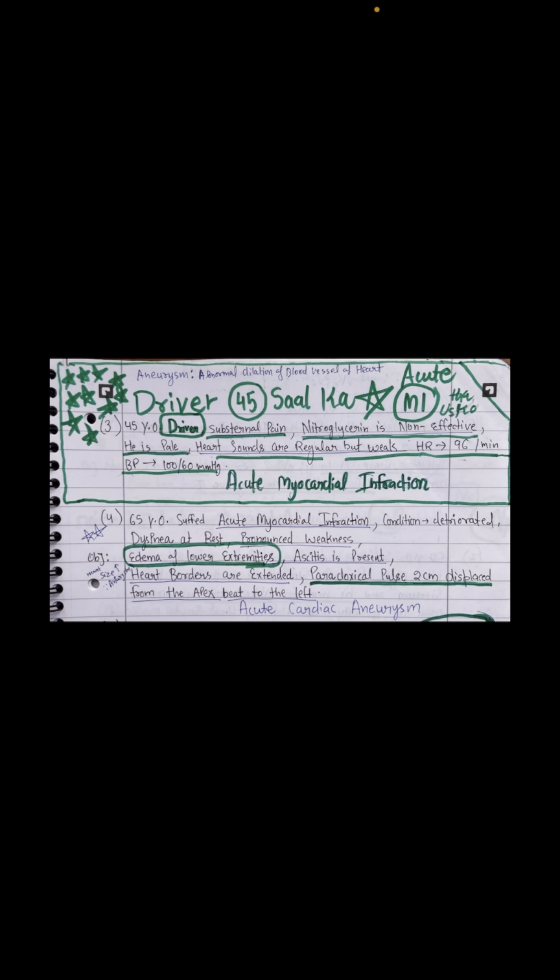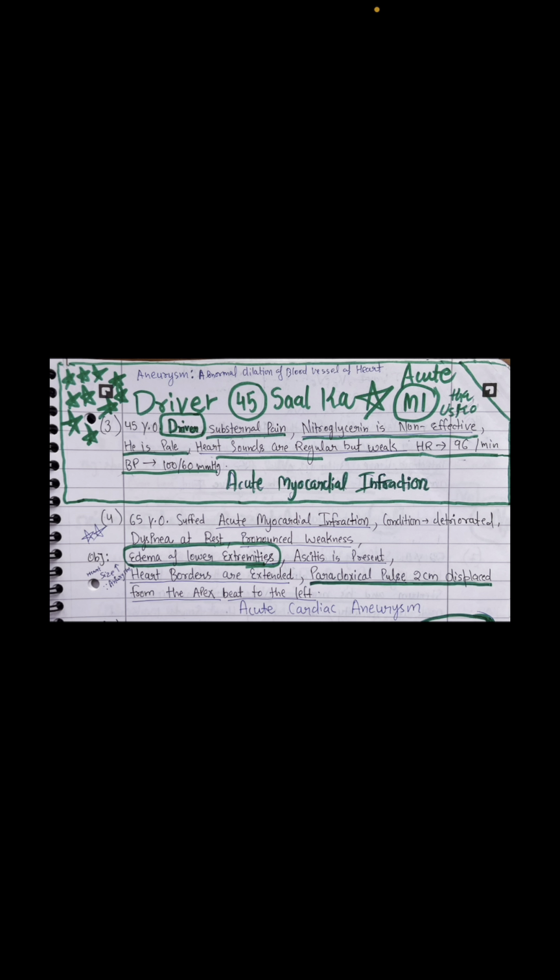This driver is complaining about substernal pain, which is also typical for angina pectoris, but nitroglycerin is non-effective. So in cases of MI, we know that nitroglycerin is not going to solve the problem. He is pale because his heart is not beating well, or in some portion of the heart the blood is not going to get filled.